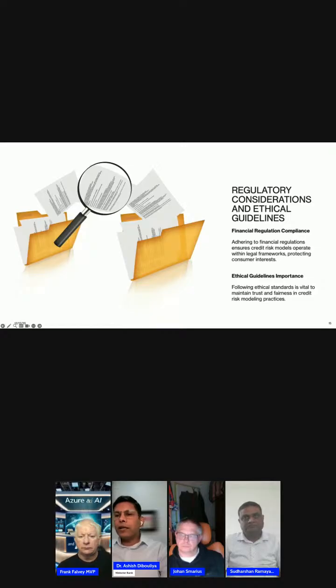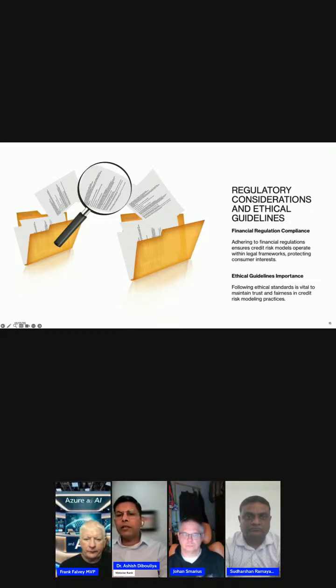In the US, SR 11-7 further mandates strong model risk management, including documentation, independent validation, and ongoing performance monitoring. Ethical guidelines extend beyond compliance. Credit models must ensure fair treatment of the customer, transparent decisioning, and protection against unintended discrimination. Aligning with fair lending principles is eventually ensured if those factors are considered.